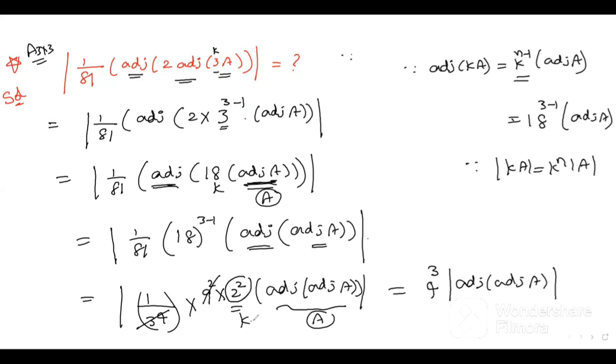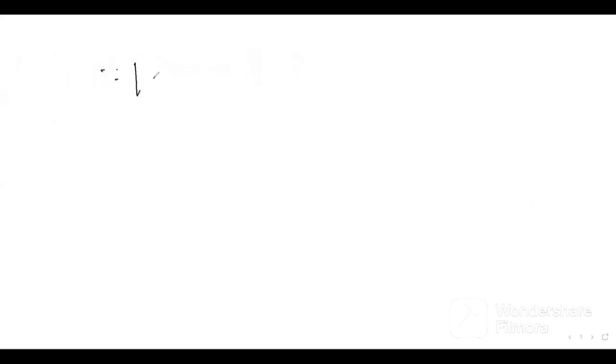Okay, det of K times adjoint of A. We take A, det of KA, we have the formula K to the power n into det A. K to the power n means 4 to the power n, n is equal to the order of the matrix, which is 3. 4 to the power 3 into det of adjoint of A. Okay, we have one formula, det of adjoint of A is equal to det A power n minus 1 whole square.